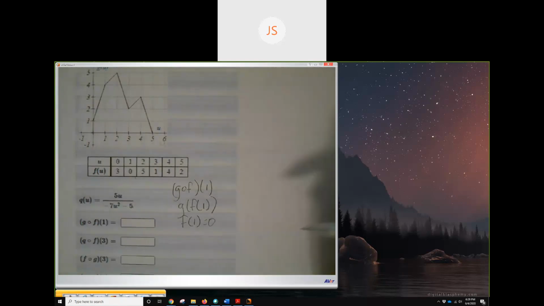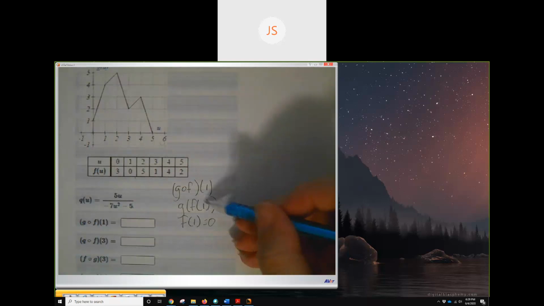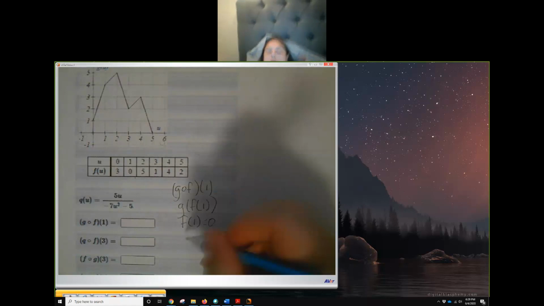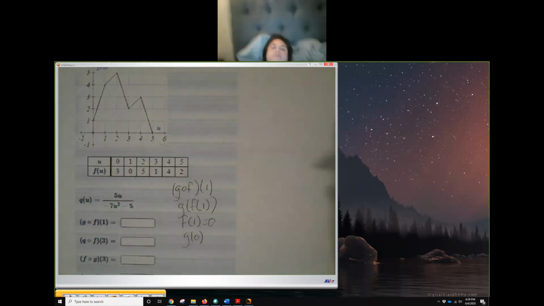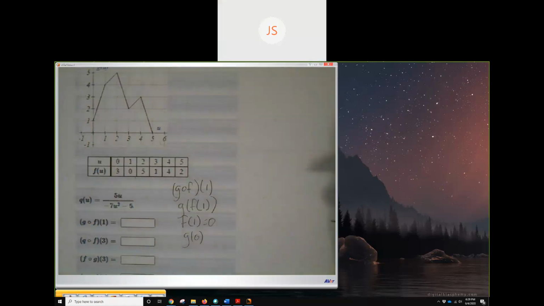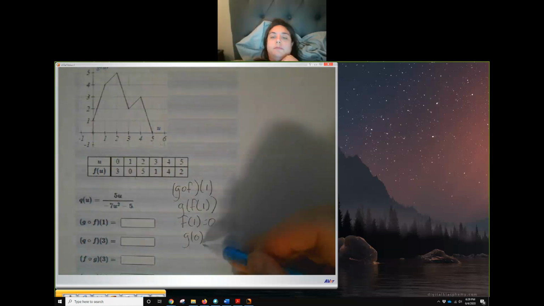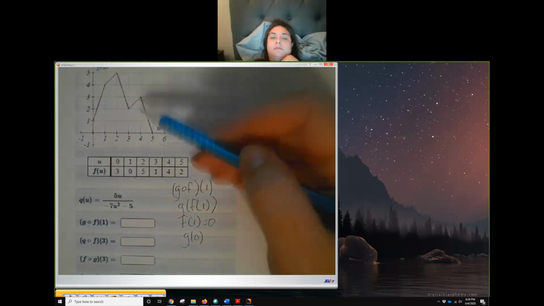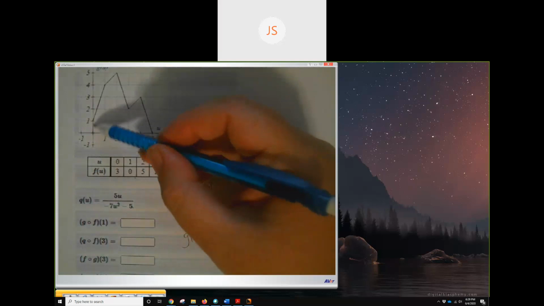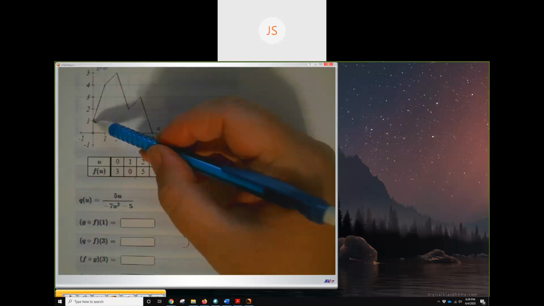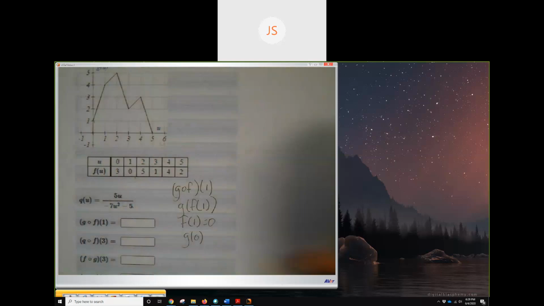So F of 1 is 0. Now, since I know that F of 1 is 0, I can replace this F of 1 with 0. So now I'm looking for G of 0. G is my graph. So when U is 0, Y is 1.